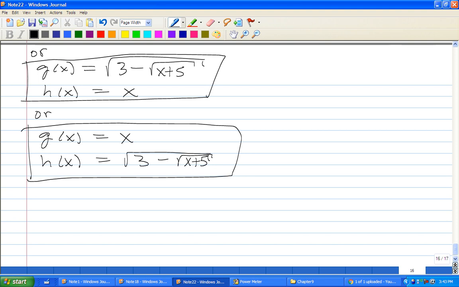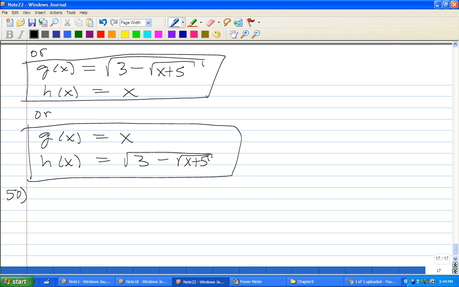Okay, let me do problem number 50, which is functional notation. In exercises 46 through 53, compute A, f composed with g at 1, B, g composed with f at negative 2.